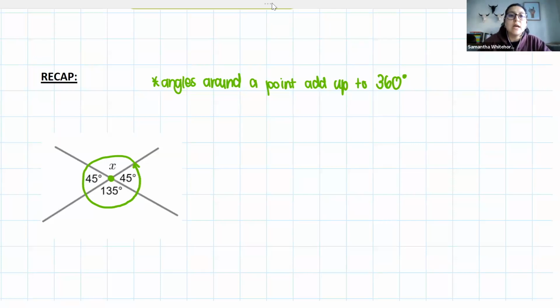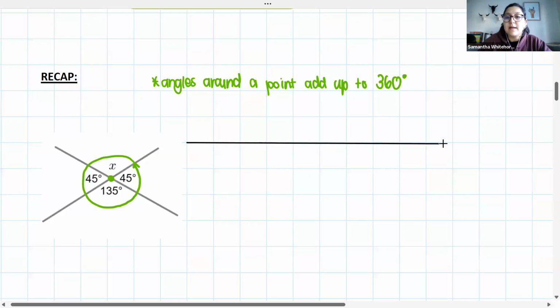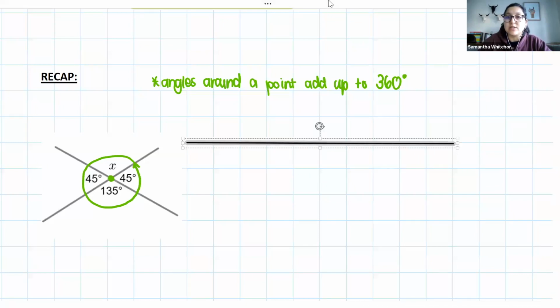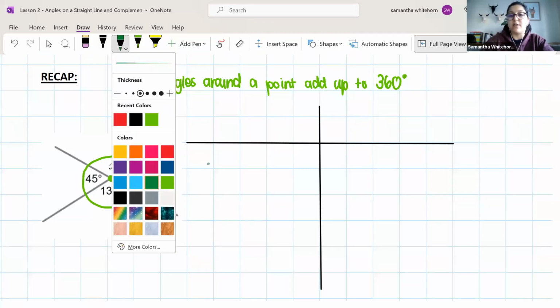Okay, next thing is, please remember that what I said in our very first lesson was the fact that having a statement as well as a reason is incredibly important in geometry. So what I suggest is you try and separate your page. When I say separate your page, split it in half for yourself.